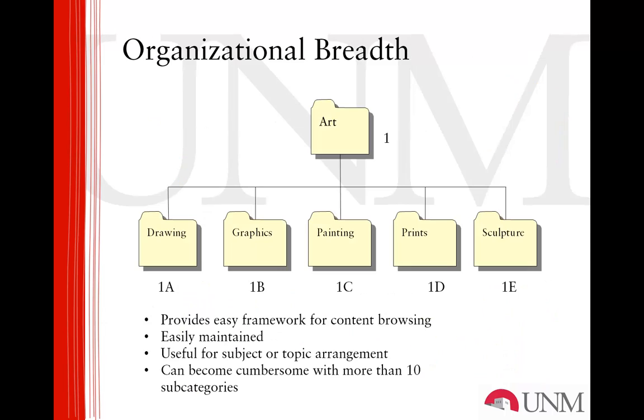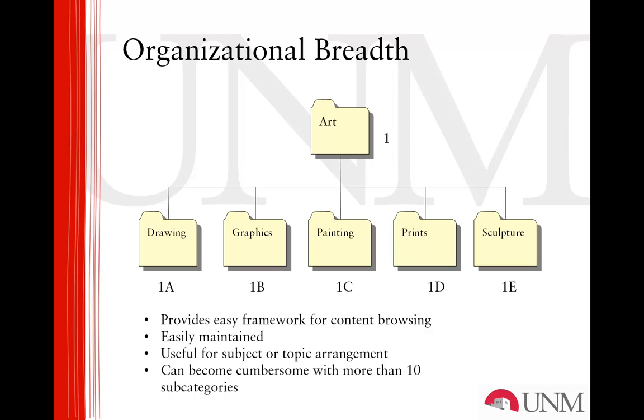One thing we can talk about as a general principle of organizing in a hierarchical file system by directories or folders is the concept of depth versus breadth of organization.